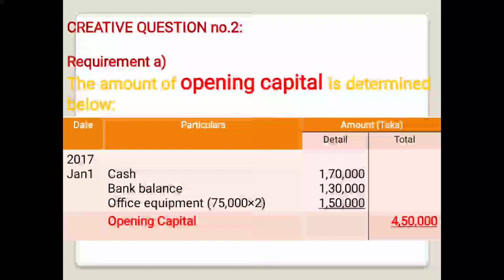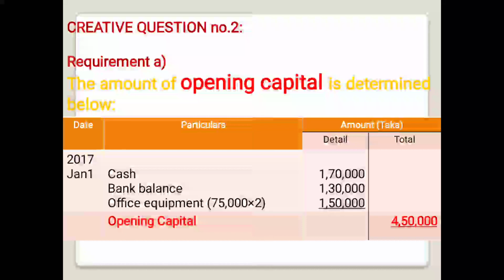Dear learners, I think you have already written the requirement A in your accounting practice copy. Now you can draw another format for determining debit and credit.